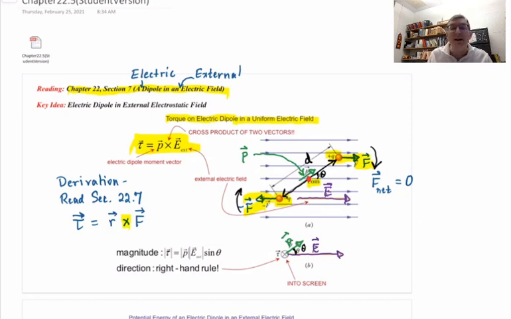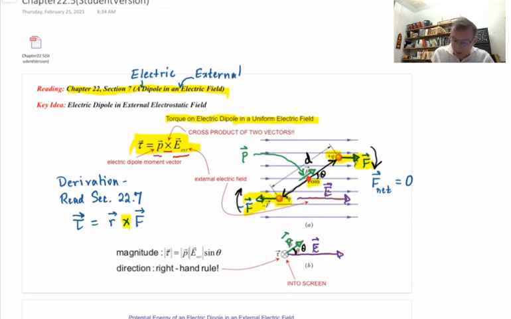Except what you get now for the dipole is take the electric dipole moment, P arrow, and take the cross product of it with the external electric field, capital E, P cross E, to get the torque on the electric dipole in this uniform external electric field.